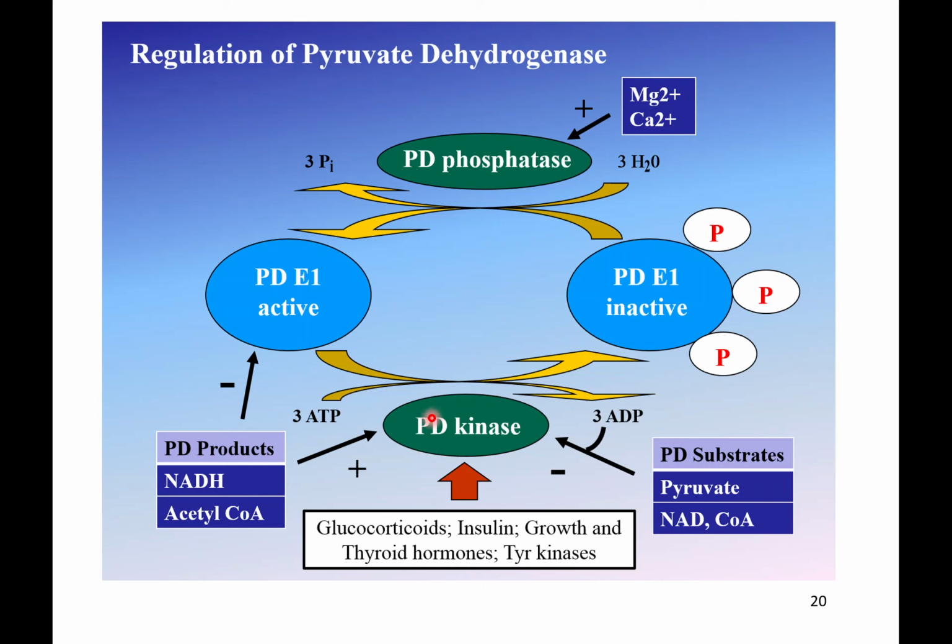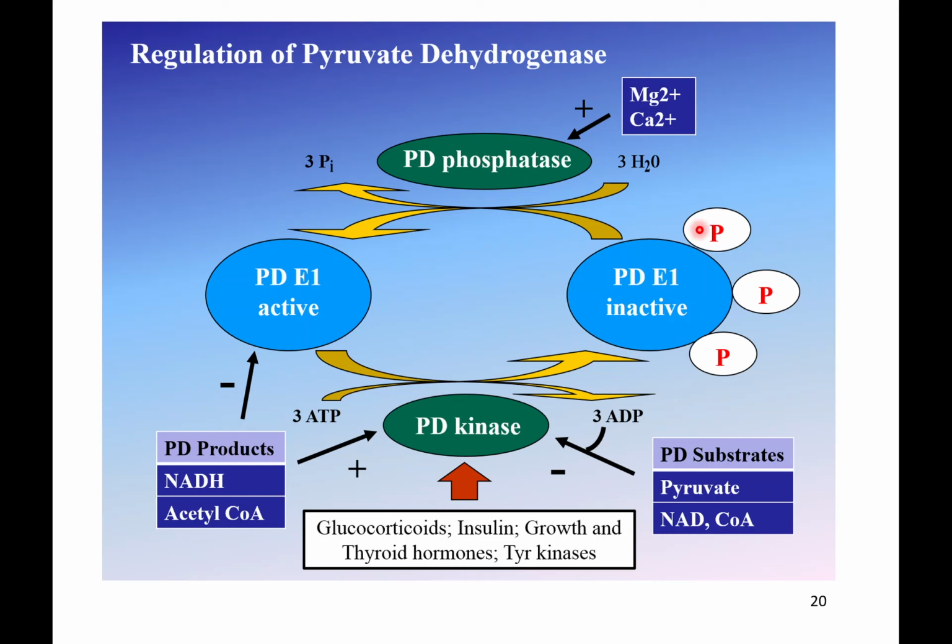Okay, so let's focus first on what turns the kinase on, and that are the products of pyruvate dehydrogenase. So NADH and acetyl-CoA, when those are in higher concentrations, it's telling the cell, we have enough energy, we don't need to create any more acetyl-CoA. That will turn on this kinase, it will phosphorylate E1 and turn it off.